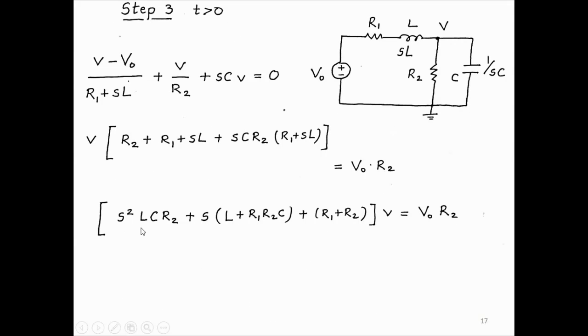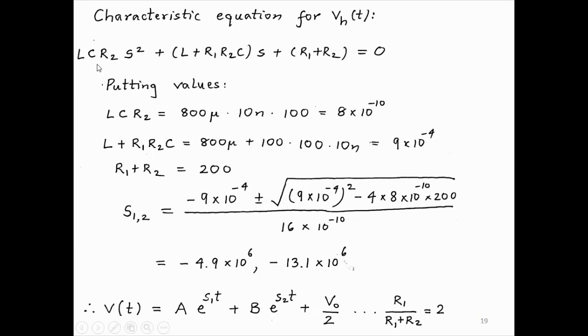All right. So the e raised to st serves multiple purposes. So we equate the characteristic equation to 0, find the roots of S, and now of course we put in numbers because we are given numbers, and then we have a quadratic in S, so we solve for S.